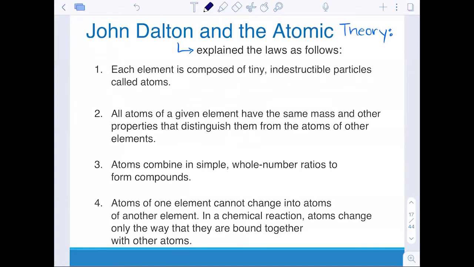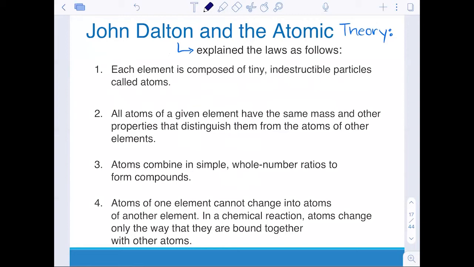But again, we'll get into the why and the how throughout the next 2 or 3 chapters. Postulates are just statements of what the theory talks about. The first one says that each element is composed of tiny, indestructible particles called atoms. That's what he developed.